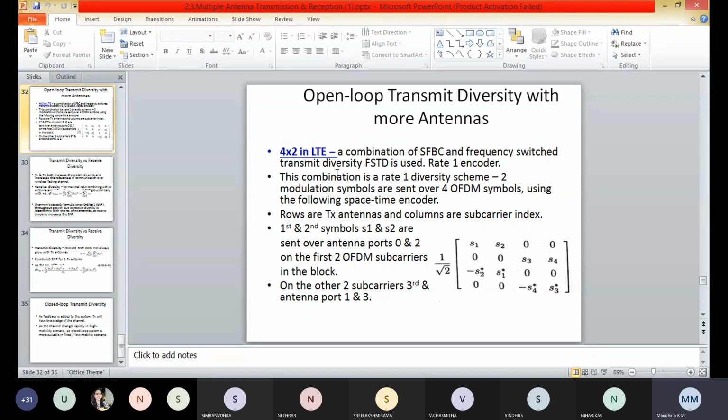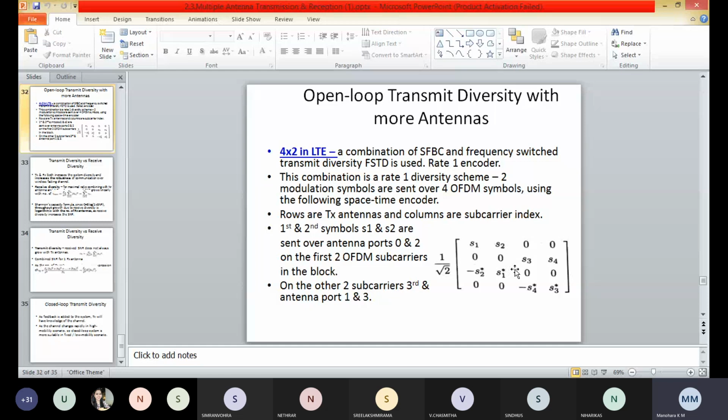That is, the 4 modulation symbols are sent over the 4 OFDMA subcarriers using the following space frequency encoder, where the columns represent the subcarrier index and the rows represent the transmit antenna.